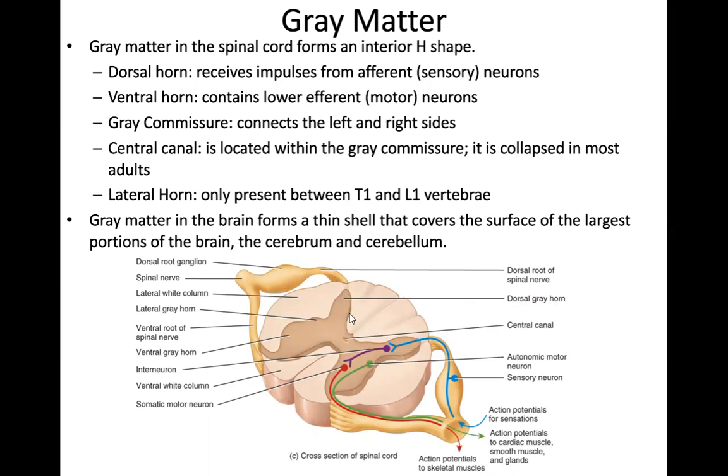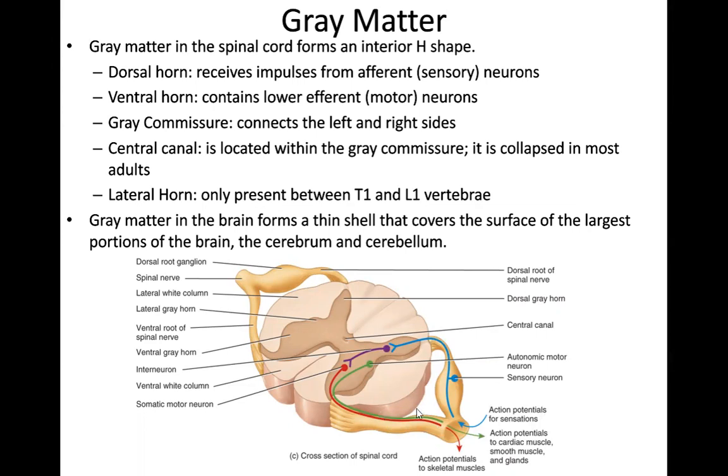These are the horns on the backside of the spinal cord, and they receive impulses from afferent or sensory neurons, which are carrying signals in to our spinal cord for sensations, whether that's touch, itch, tickle, hot, cold, whatever. And that signal is coming in to the back of the spinal cord by way of a spinal nerve.